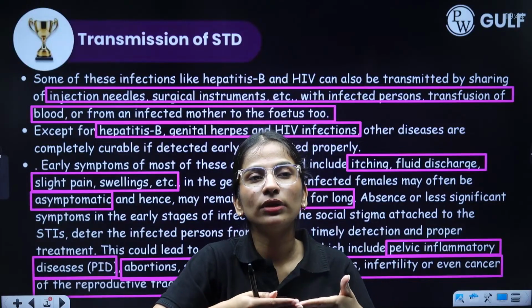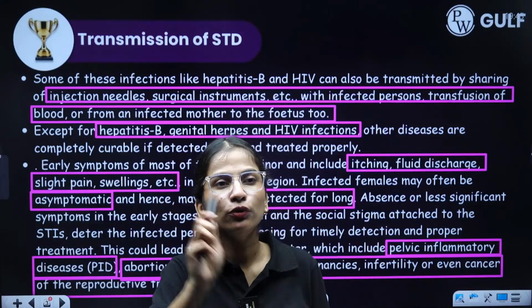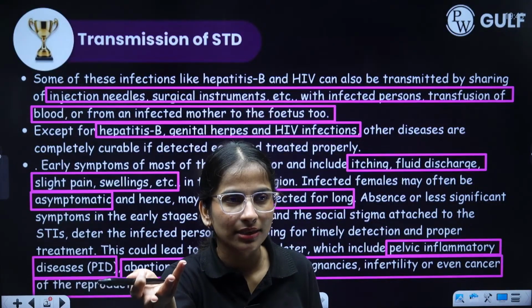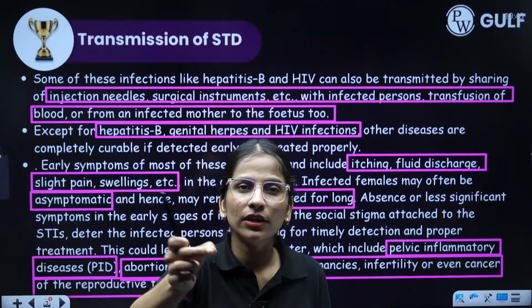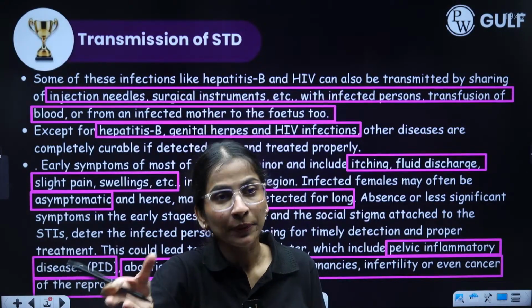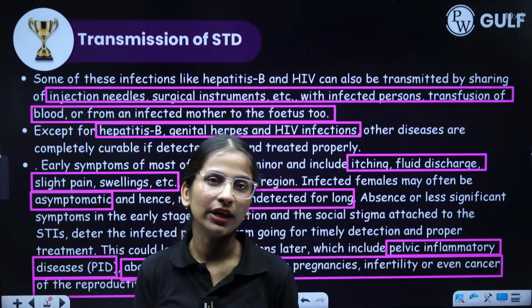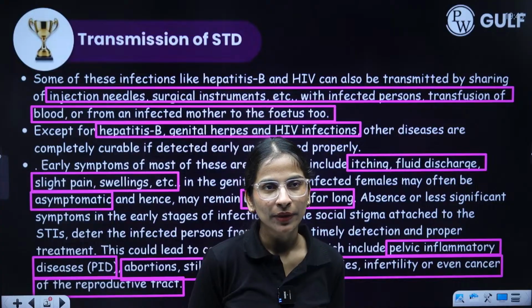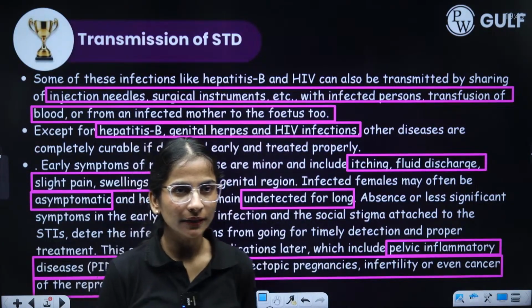Hence, we were not able to diagnose whether the person is having any problem or not, right? If we are healthy and not feeling any issue, we do not go to a doctor to get tests done. We only go to a doctor when we see a symptom, right? Asymptomatic would mean that you are not seeing any symptom while you have the infection. Hence, infection keeps on increasing and the pathogen ultimately harms the body way too much. Clear?